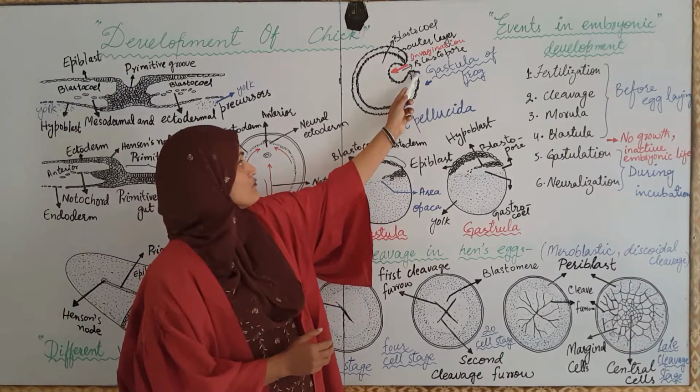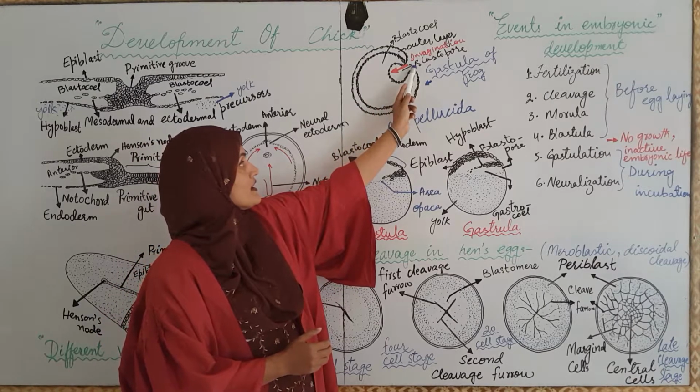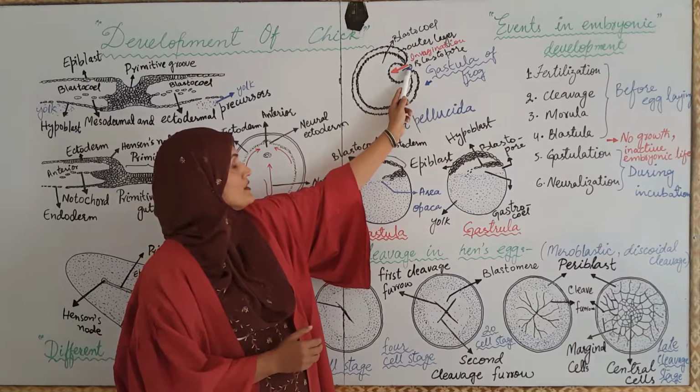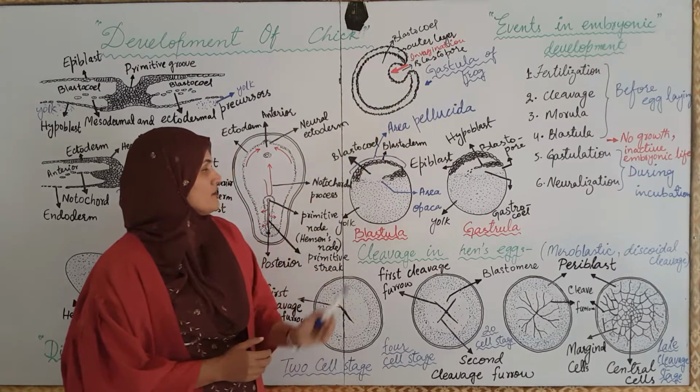The cells move inside, as a result of which the blastopore is formed and a cavity starts to form, termed the archenteron.